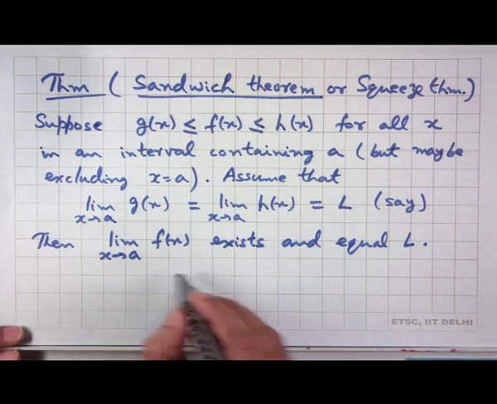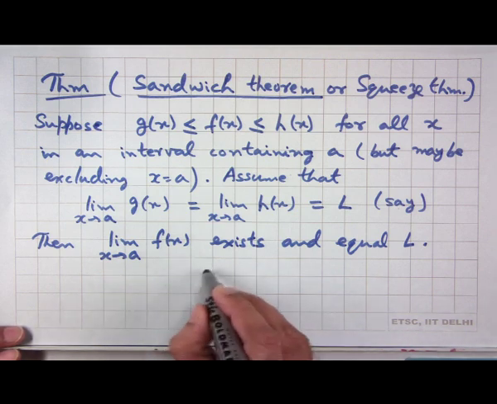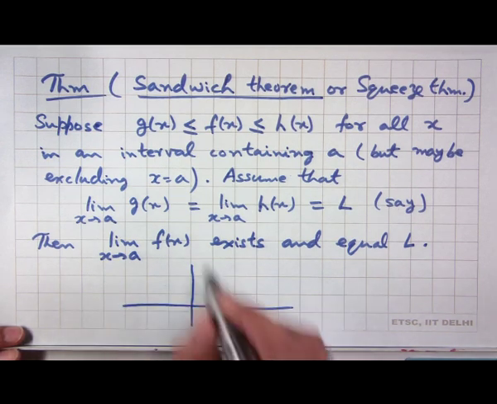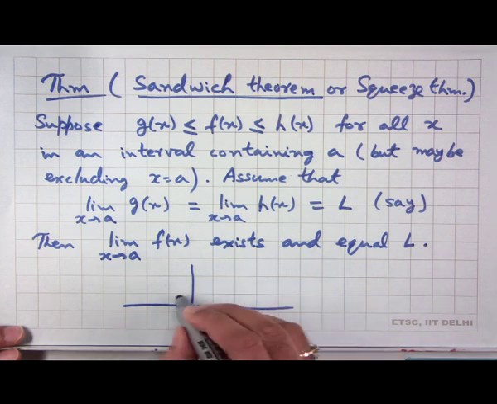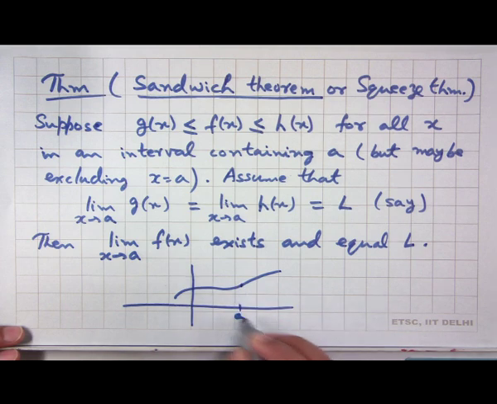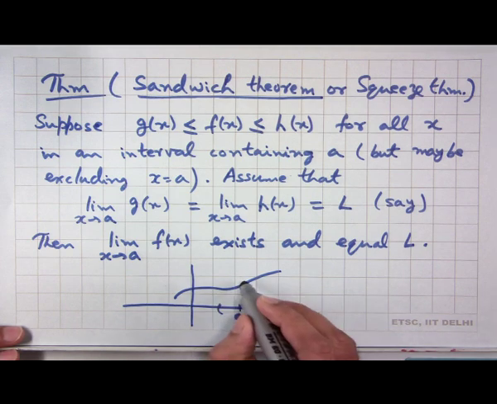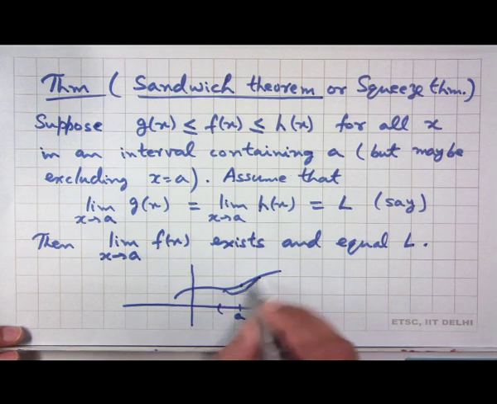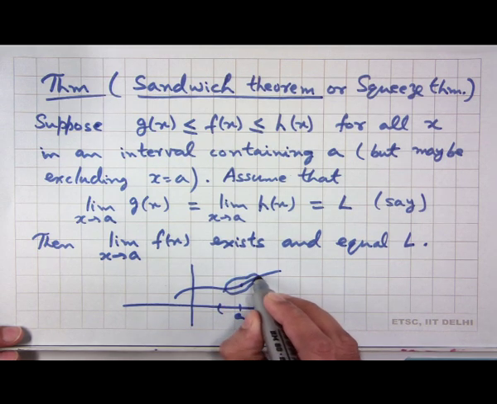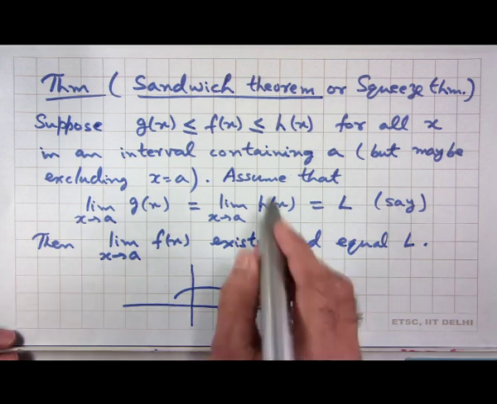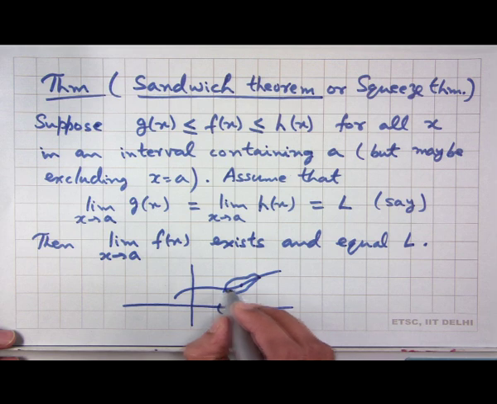So, if you see using a graph, what this says is that suppose you have a function such that in some interval this f of x is between two functions g of x and h of x, and the limit is the same, right.